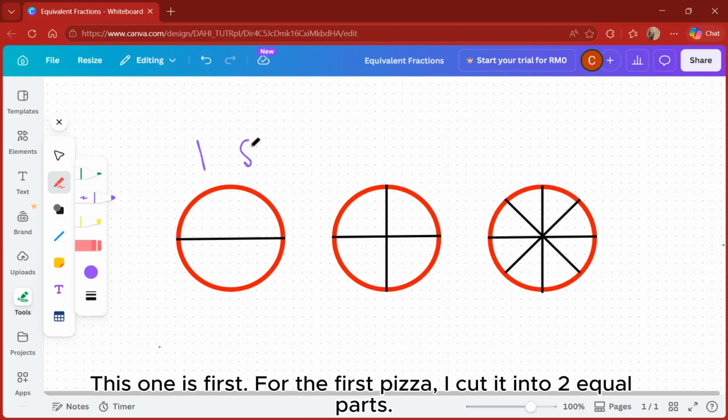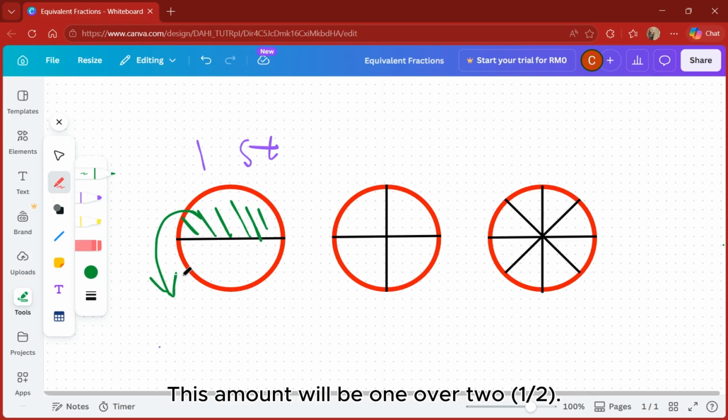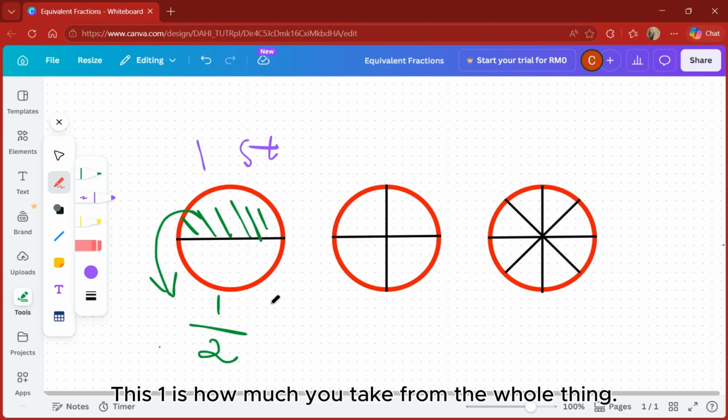This one is first. First pizza, I cut it into two equal parts. Now if you take one out of two equal parts, that means you have this amount, right? This amount will be 1 over 2. Numerator is 1. 1 is how much you take from the whole thing.